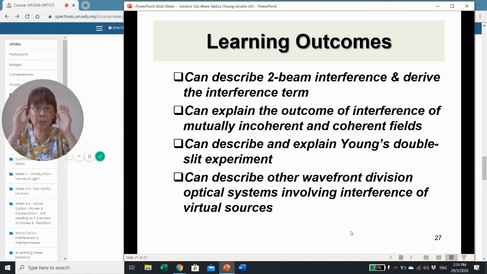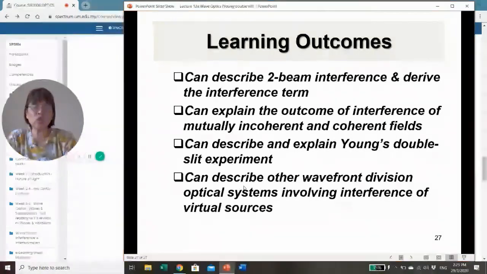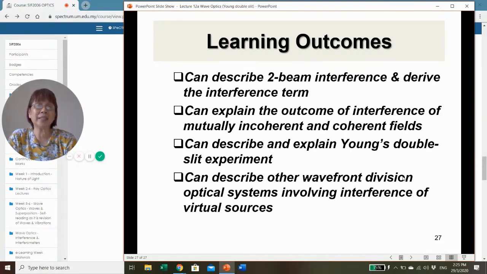You should be able to explain the outcome of interference of mutually incoherent and coherent fields, and describe and explain Young's double-slit experiment, including deriving the expression that relates the mth fringe to the slit separation. And you should be able to describe other wavefront division optical systems, those that use virtual sources, like the examples I gave you.